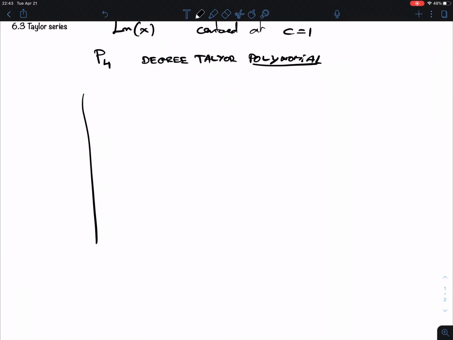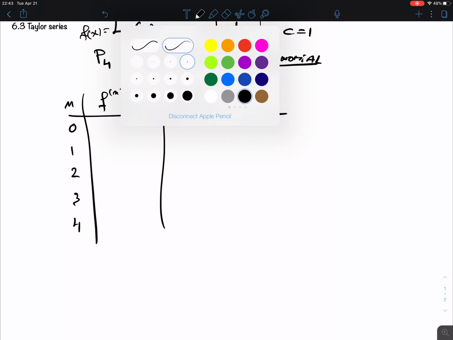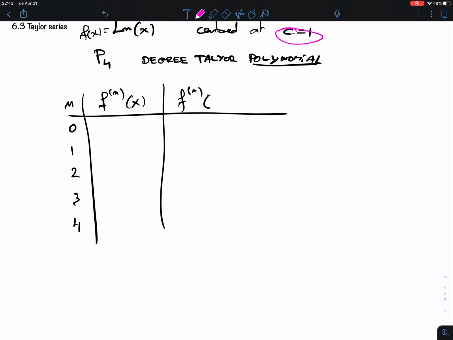How did it work? We made this table, right? That was such a nice thing to do. It was easy. 0, 1, 2, 3, 4. So the first column was the derivatives of this function. So this is f, of course. In the second one, whatever function we have in the first column, now we substitute at the center. So we use our center here, and we put in the 1 here.